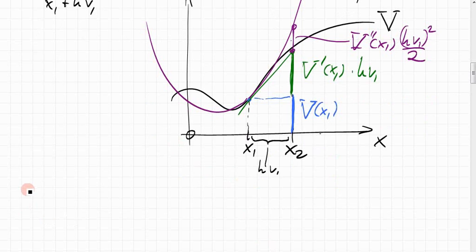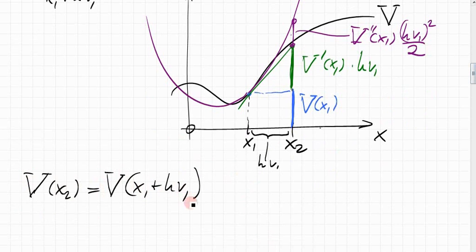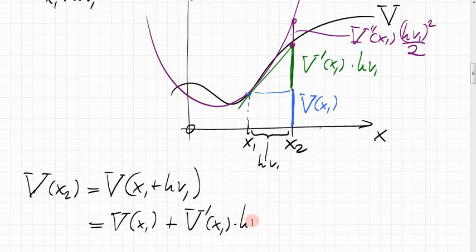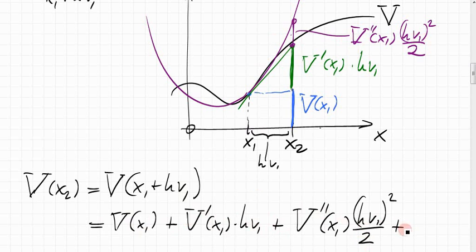The Taylor expansion looks like this. The potential at x2, that is the potential at x1 plus step size times initial velocity, is equal to the potential at initial position plus what we get from the slope of the tangent, the derivative of the potential with respect to position at the initial position times step size times initial velocity, plus, and now the term that we get from the parabola, second derivative, h squared over 2, plus, and as you go on, you'll find that the next term will have something like h to the third power and so on.